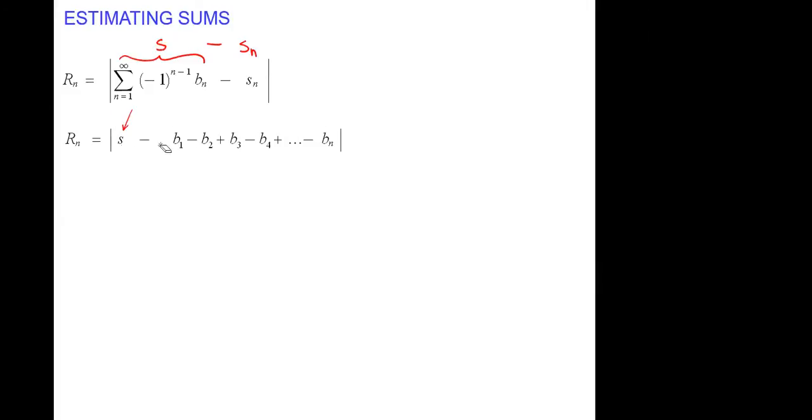That means I will try to play with these numbers. s means the entire sum, s sub n means just the partial sum, which means I will end up with b sub 1, b sub 2, b sub 3, b sub n. Okay, let me actually put the s, and this is s sub n.